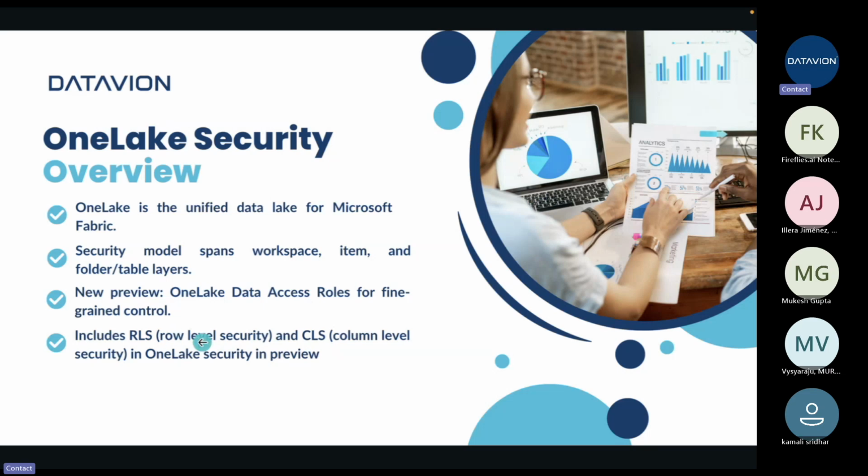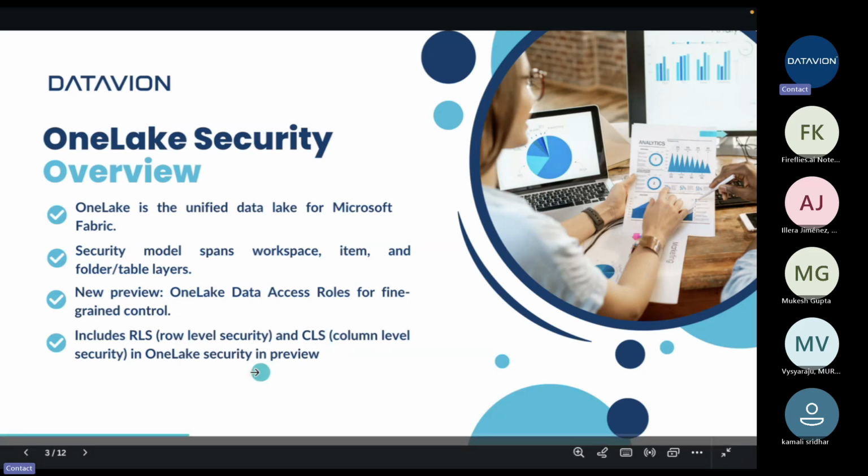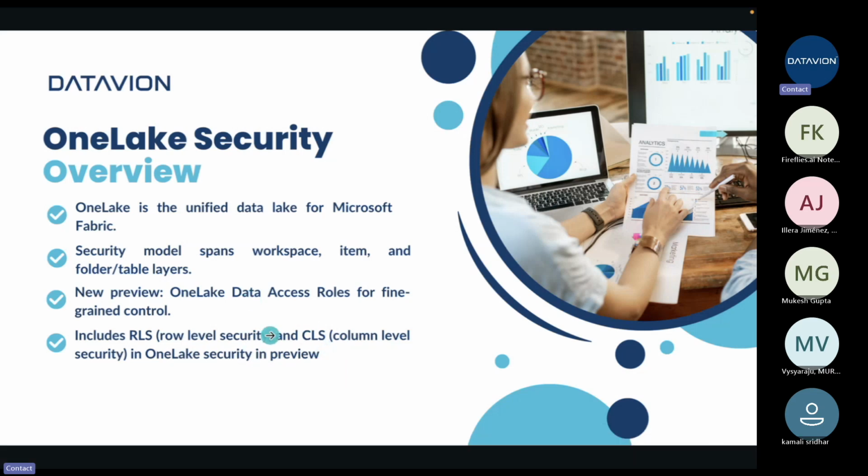For row level security, if you want to restrict your organizational data region-wise, you can do that. For column level security, if there is customer level data that you don't want to expose, you can apply column level security. But Microsoft is leveraging these capabilities right within the OneLake data access role security feature, in limited preview at the moment. We are going to look at how we can implement that as well.